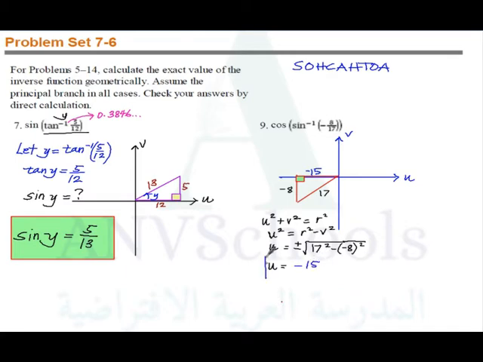Since we have our u now, let's say y is equal to the arc sine of negative 8 over 17. So sine y is equal to negative 8 over 17. This is actually y, and we're finding cosine of y.